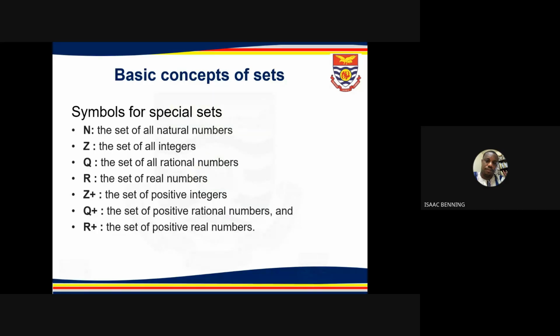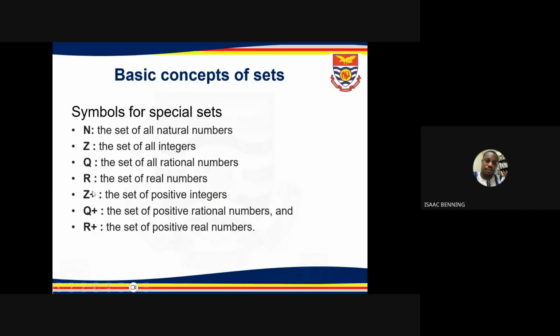So N represents the set of all natural numbers. Z represents the set of all integers. Q, the set of all rational numbers. R, the set of all real numbers. Then when you see Z with a plus on top as a superscript, it means the set of positive integers.